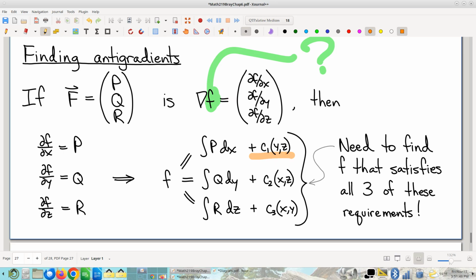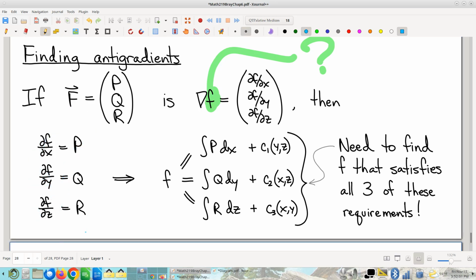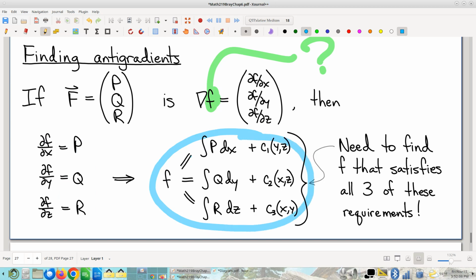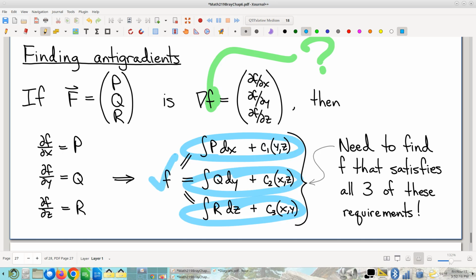All right. So, reminder, we need for this to equal that, which means we need these 3 equations to be satisfied, which means, effectively, equivalently, I just need for these 3 equations to be satisfied, which just means that I need to make sure that all 3 of these things are equal to each other.